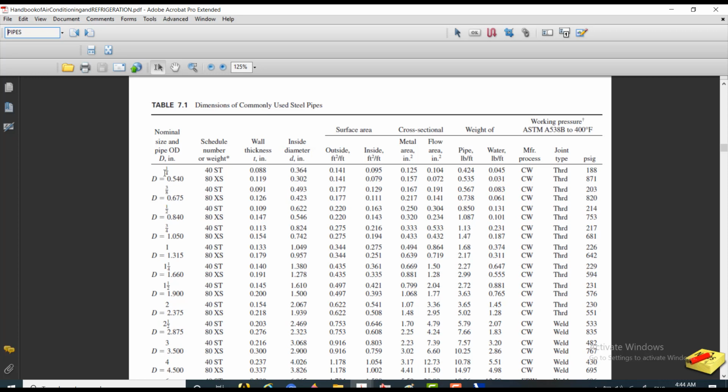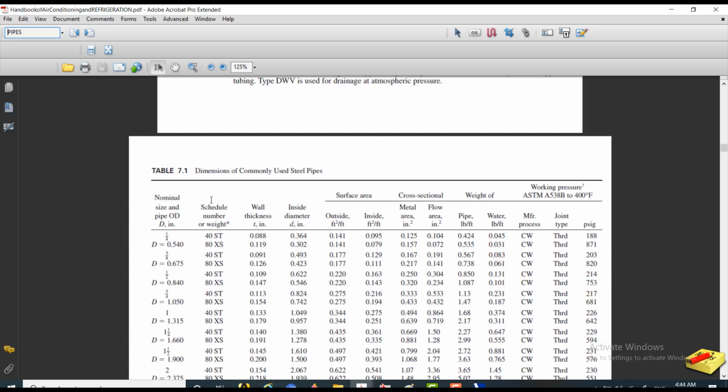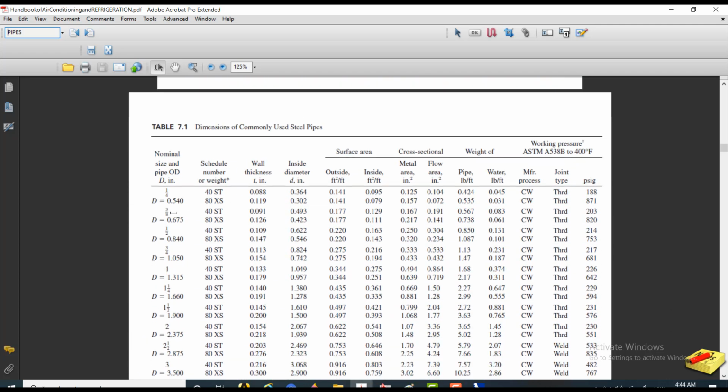Then we have your schedules here, schedule 40 and 80. So this is where 1/2 falls. Then if you look at the inside diameter, what we will use is schedule 40.